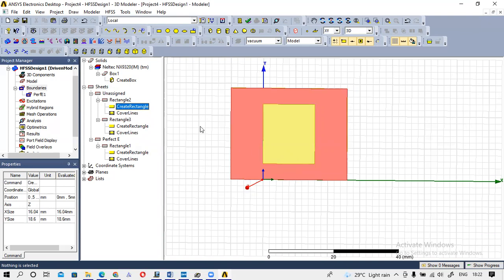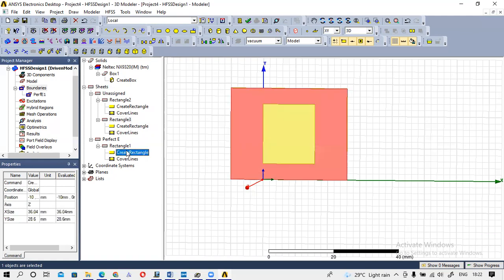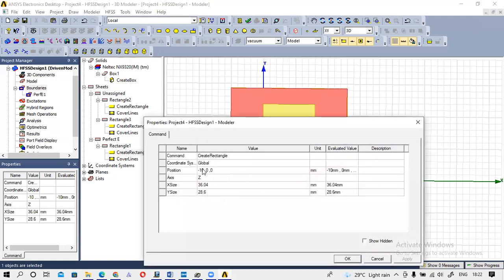So if I move this rectangle, that is rectangle 3, position x-axis is 0.64, that is the low impedance line width.